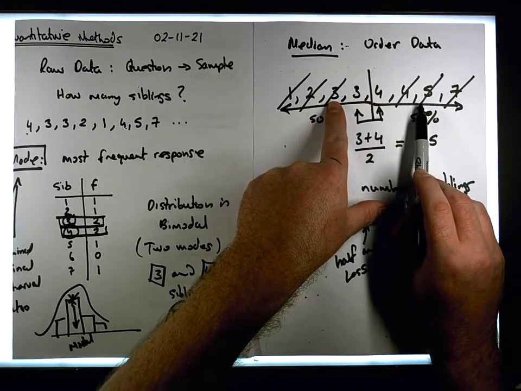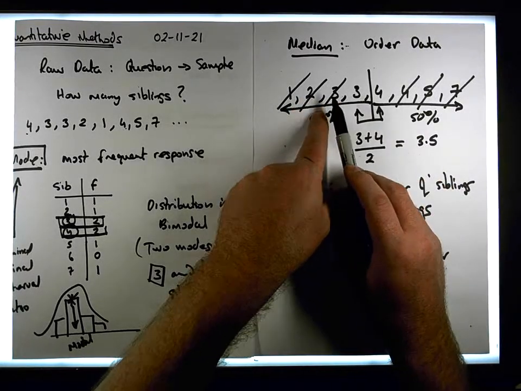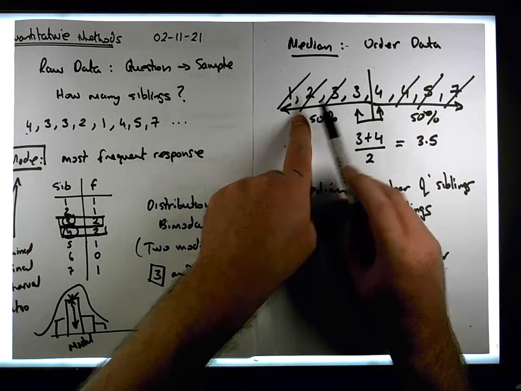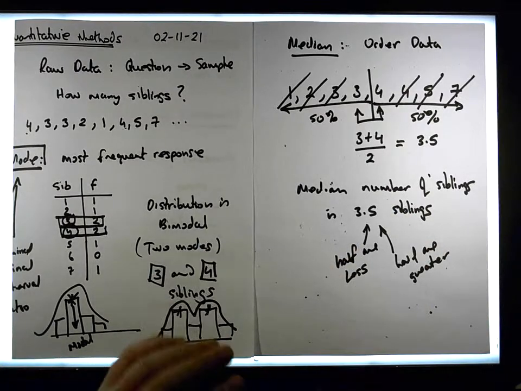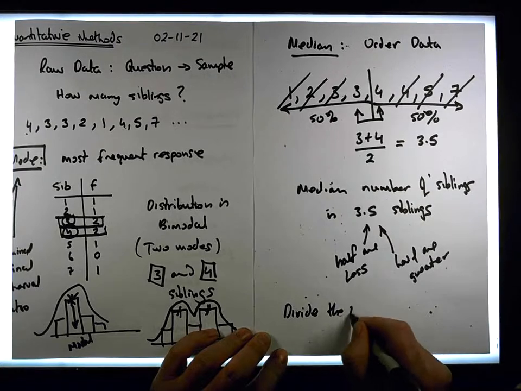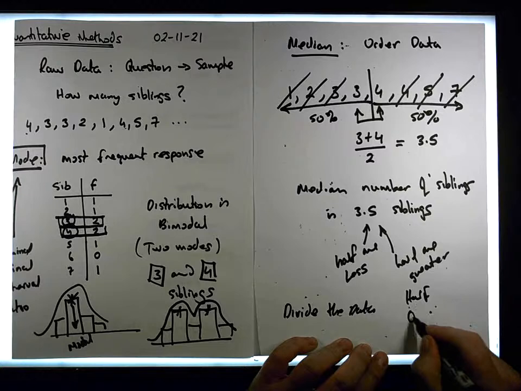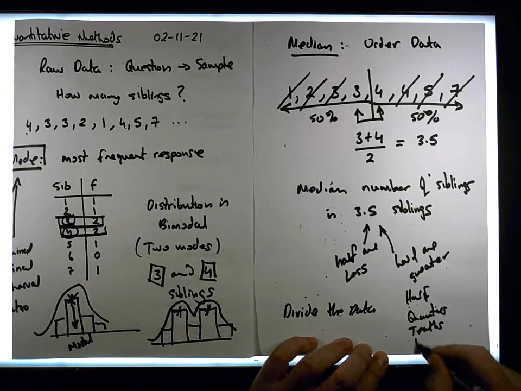What would we get? And if we divided it up into tenths, what would we get? And if we divided it up into units, what would we get? So we can divide the data into half, quarters, tenths, and just units.